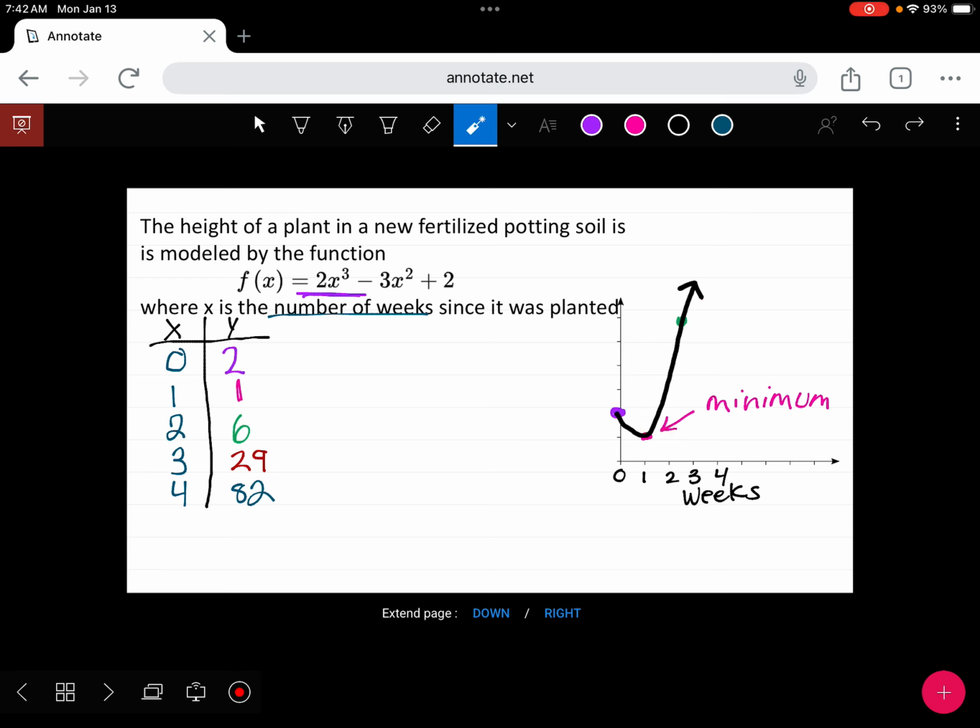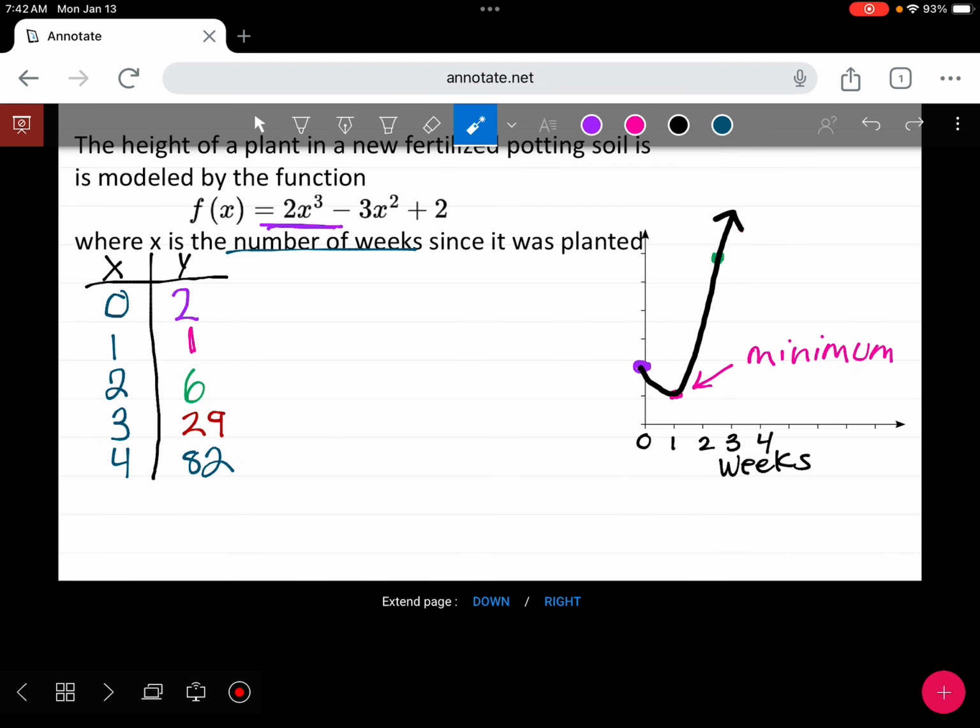Because that would be bad anyway, unless you have a duck that comes and eats it. Or unless it dies. So this plant never actually dies in this soil. So we don't have any zeros, and that's an okay answer. If it doesn't exist, it doesn't exist. So we have no zeros. This plant never dies all the way down to the ground, but we have a minimum near x equals 1.